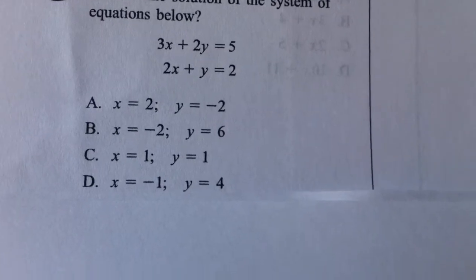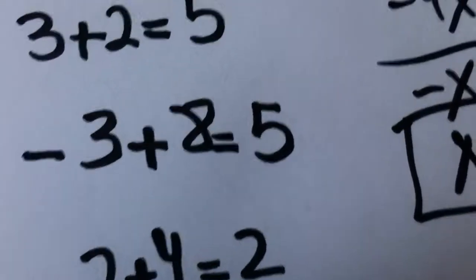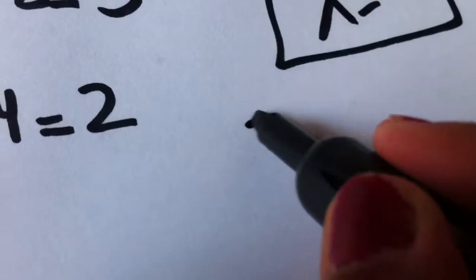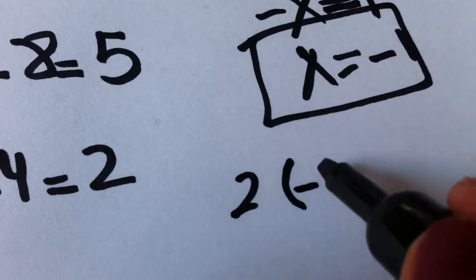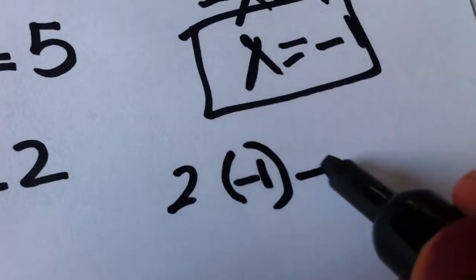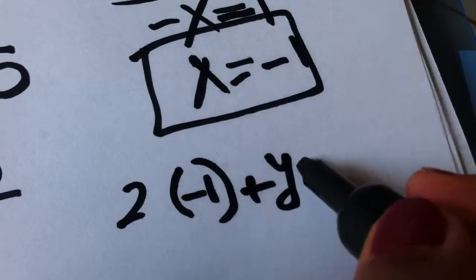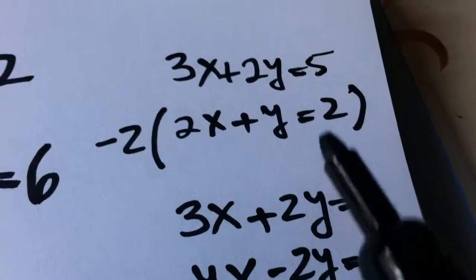So let me just do that here. So I'm using the second equation, 2x, where x here is negative 1, plus y is equal to 2.